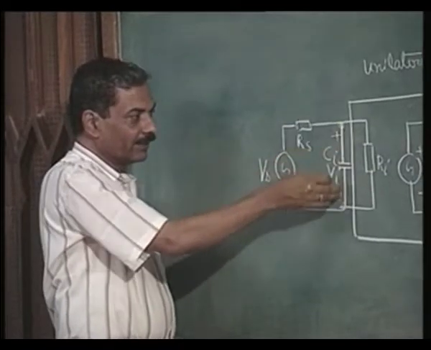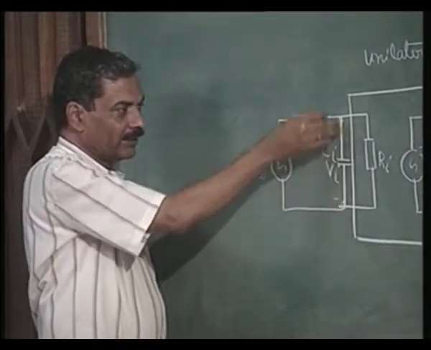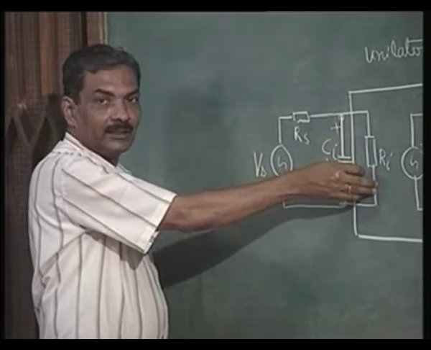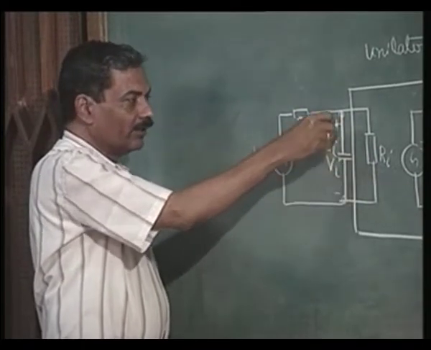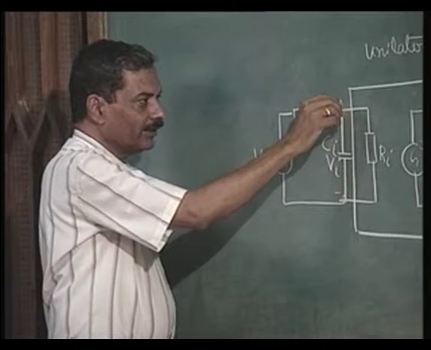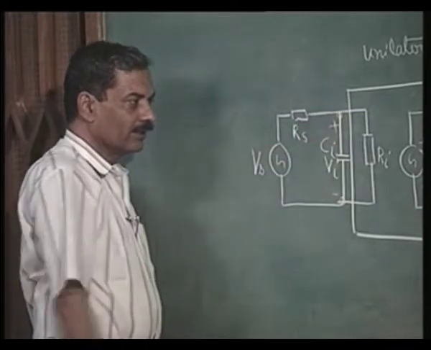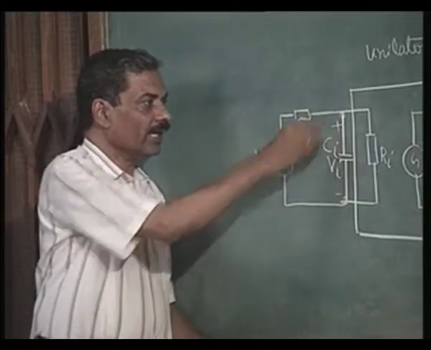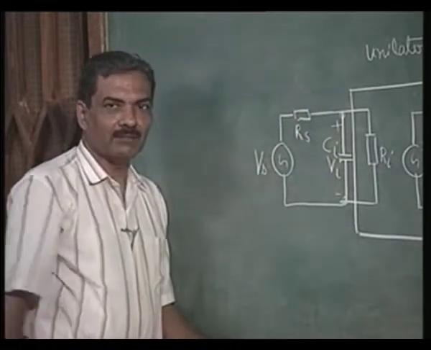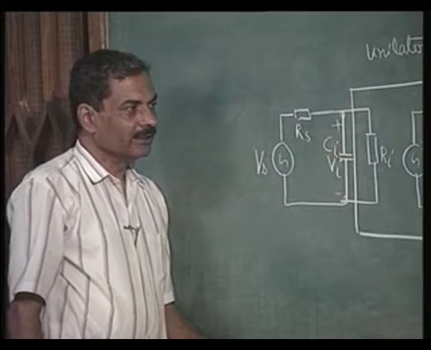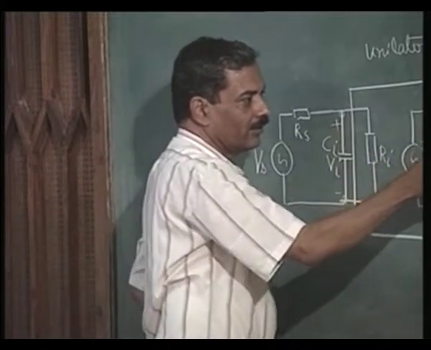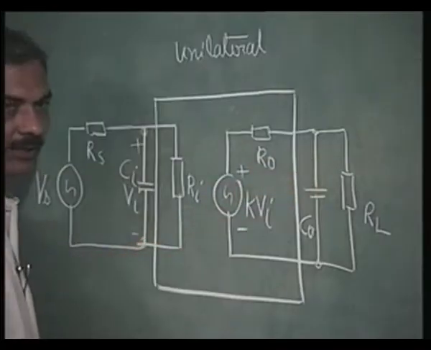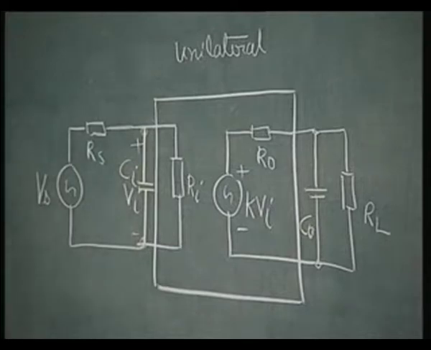Now, at high frequencies, this capacitor will shunt this Ri, and therefore, most of the current which would have gone into the amplifier would have then gone into Ci. So, we are going to lose some amount of signal because of Ci. Similarly, we are going to lose some amount of signal because of C naught. It takes away some amount of signal current. So, what is the effect of this?